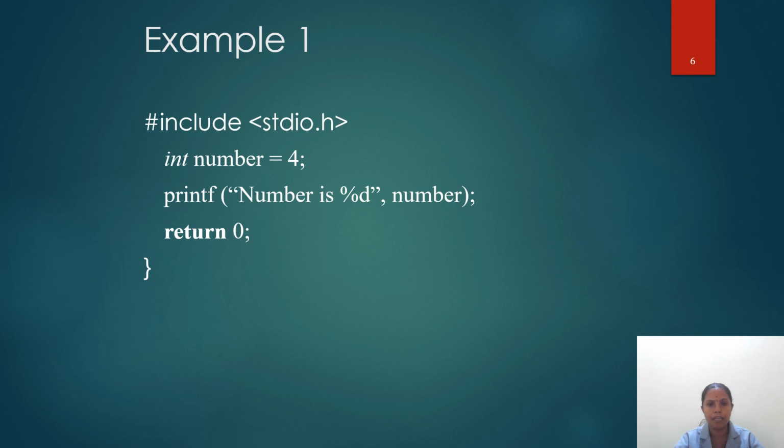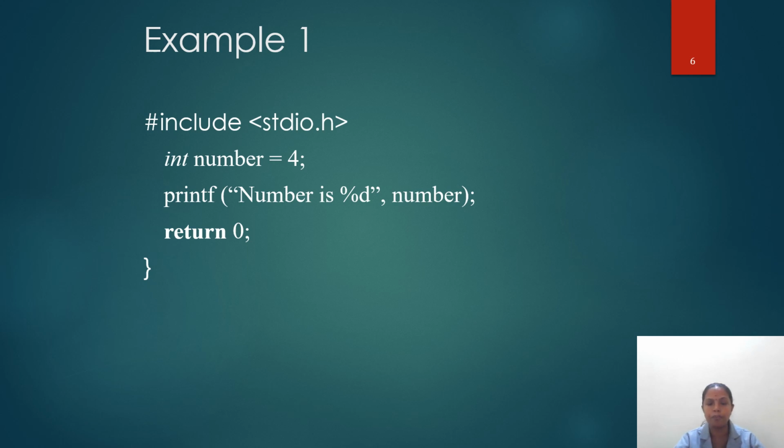We're going to see another example. This also has the pre-processor section include stdio.h, and we have the variable declaration. In the variable declaration, we take n as a variable. We have the data type for the variable, integer, so it is called int, and we assign the value 4 to the variable n.